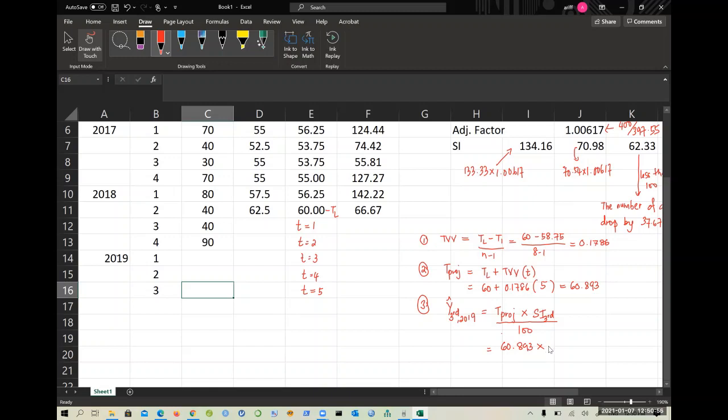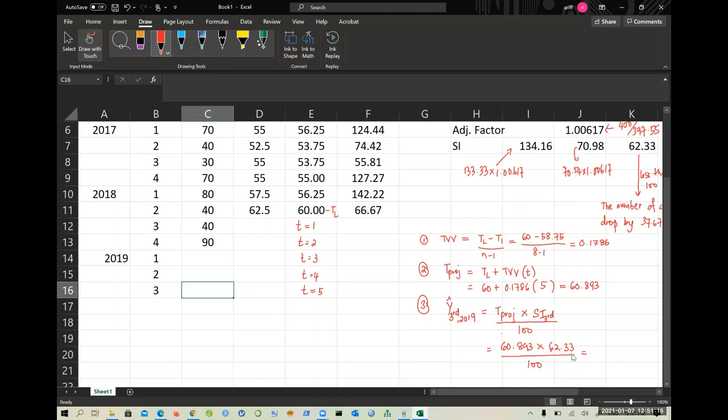So you have here 62.33 and then divide by 100. So calculate this one, you should get the value times 62.33 divided by 100.